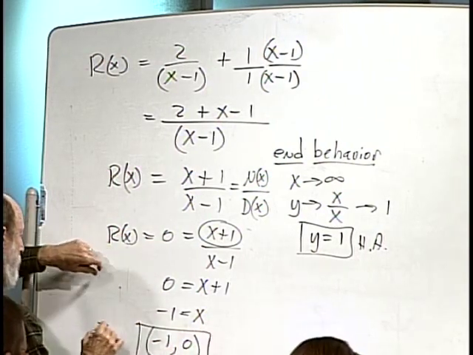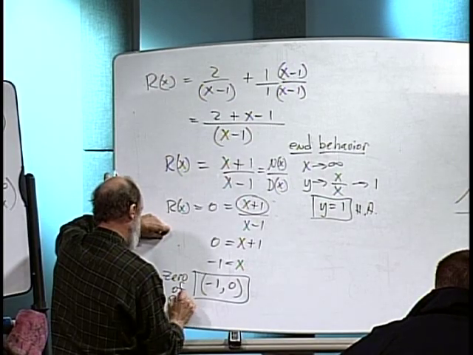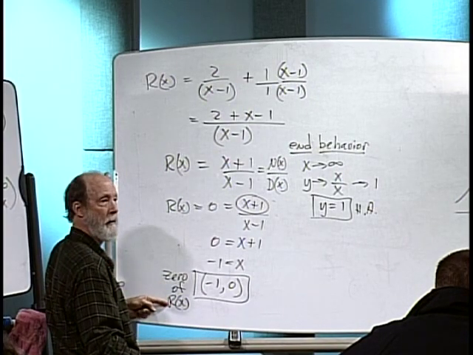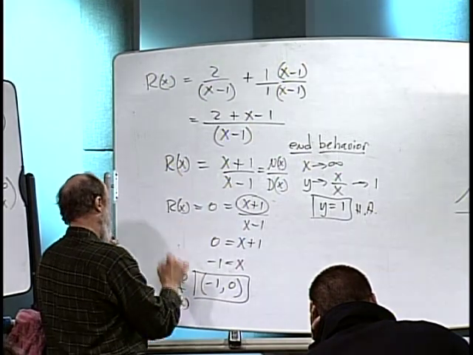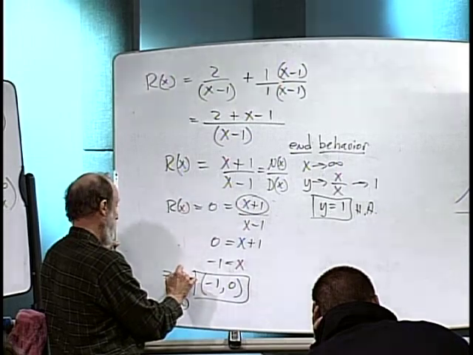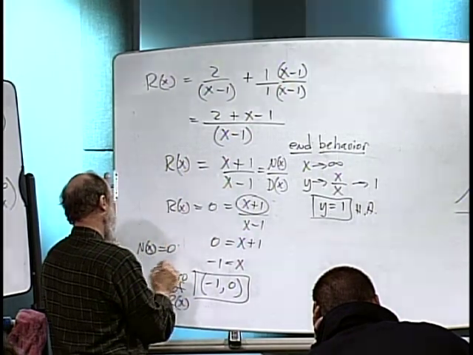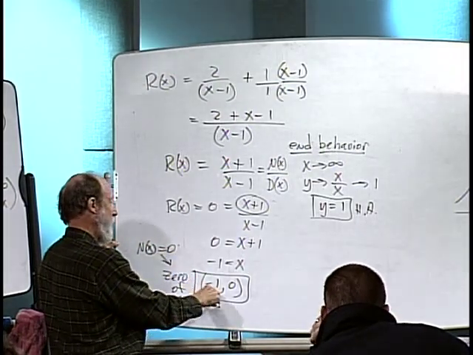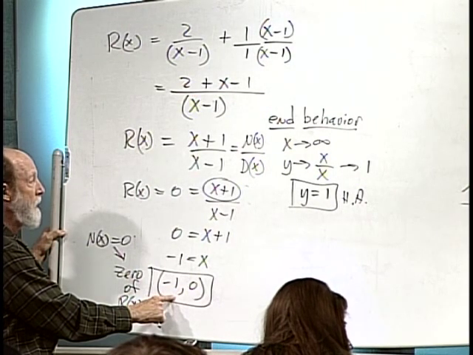There's your 0 of r of x. The 0 of r of x. So the way you find zeros usually on rational functions is you let the numerator function take on a 0 value. And that's how you examine where your zeros are going to occur. Okay?